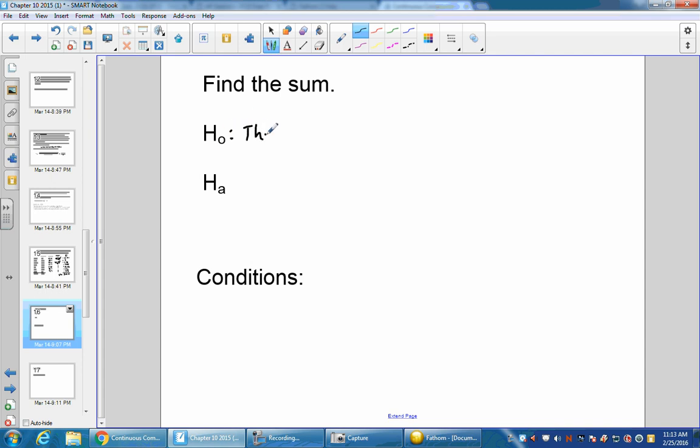The proportion of accidents, you could even say all accidents, because we should be talking about the parameter, accidents for each day is the same.